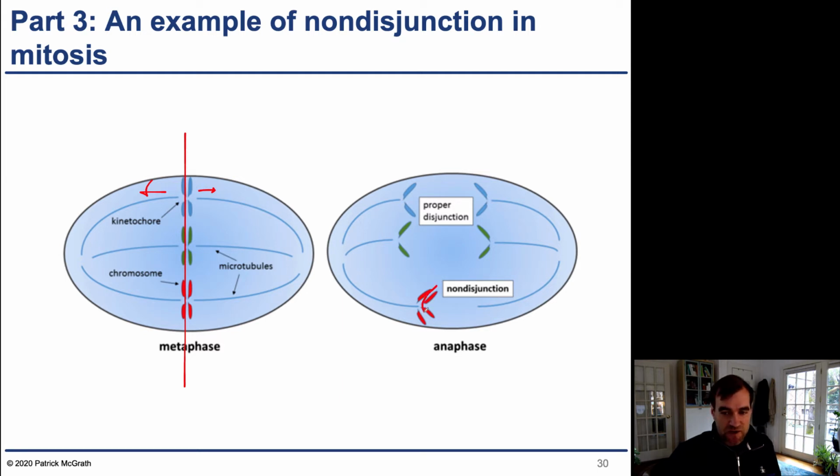If the cohesin isn't able to separate, instead of separating properly, both copies of the chromatids go to one cell, and then one cell doesn't get any of the chromatids. And so as a result, you have one cell that has one too many, and one cell that has one too few of the chromosomes.